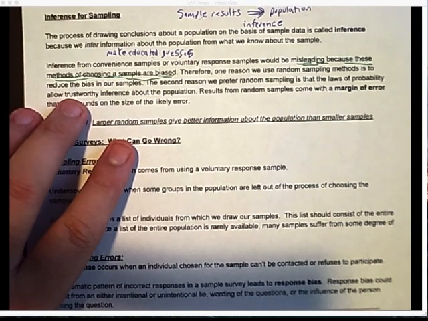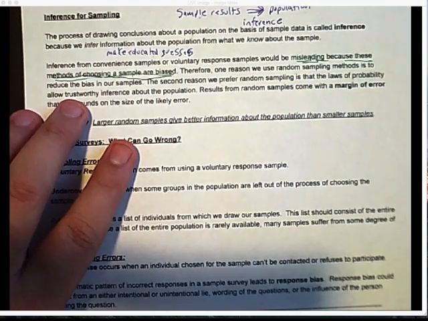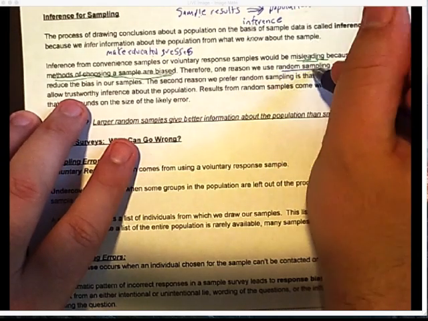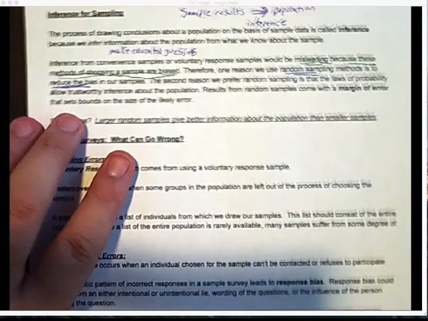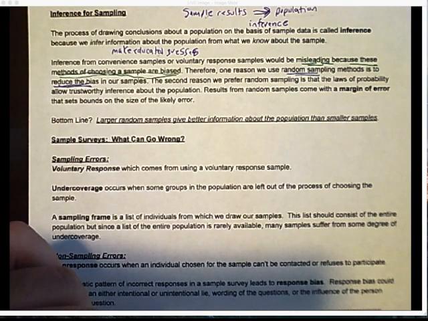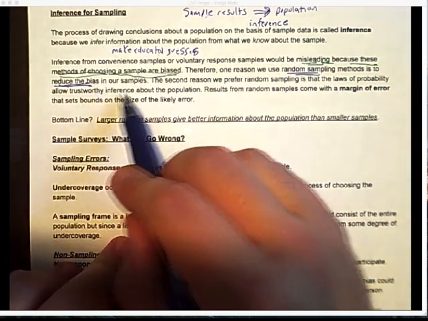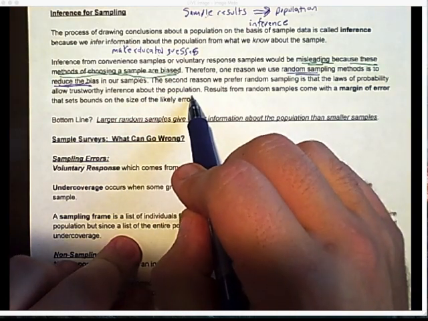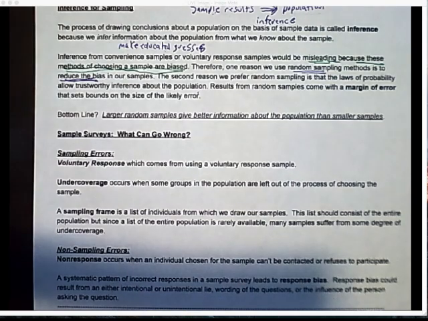The reason we use random sampling, this is very important, is to reduce bias. We still might have bias even if we use a random process, but it does reduce bias. The laws of probability allow trustworthy inference about the population, and we'll get more into that in the second half of the book.